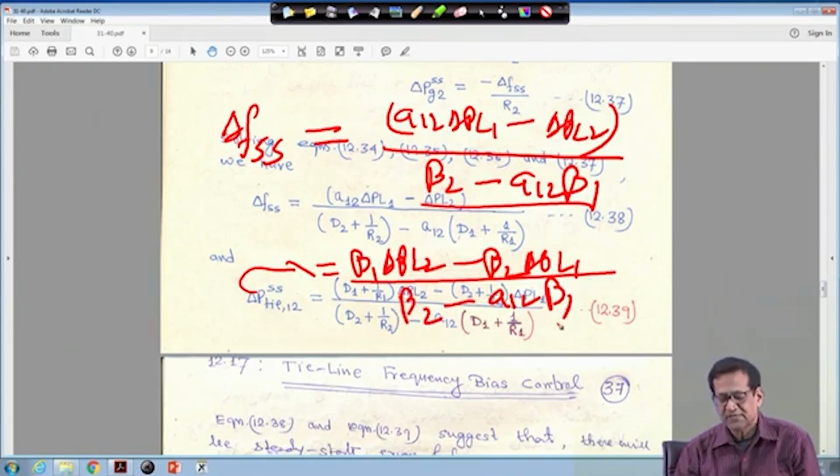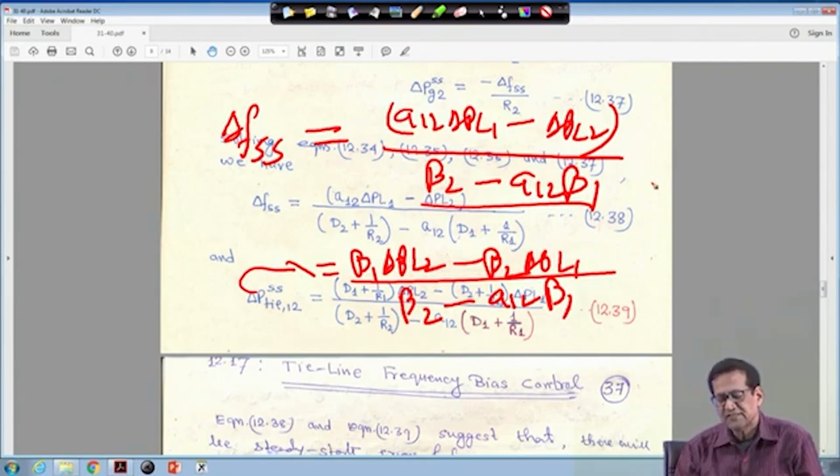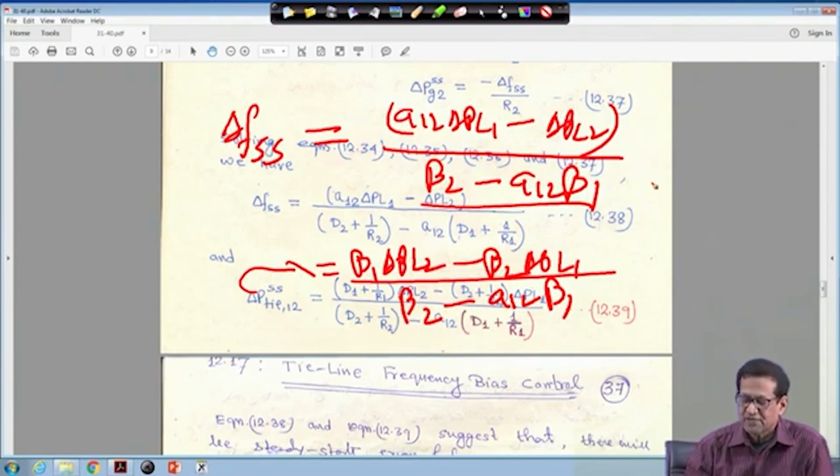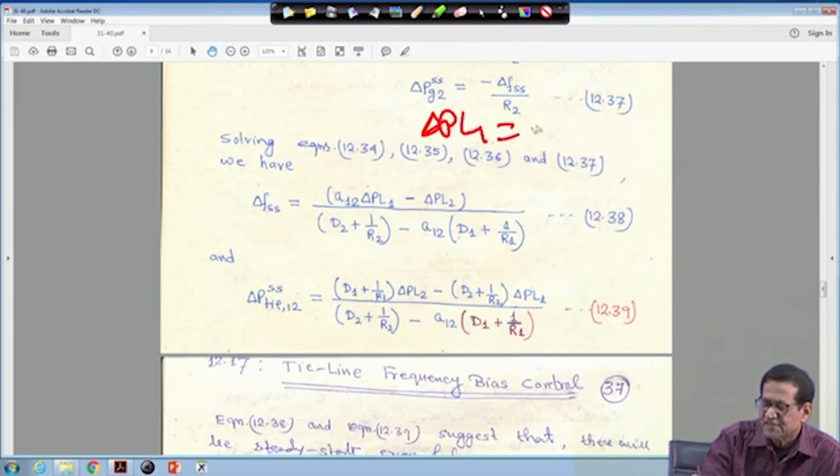Now, suppose load disturbance has occurred only in area 1, and delta PL2 is equal to 0. So, keep delta PL1 as it is; there is no load disturbance in area 2.